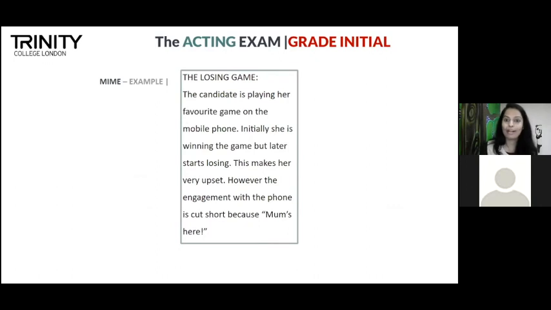Let's come to the mime part of it. Yes, so this is scary. This is where all the teachers think, oh God, I have to be a drama professional in order to train my candidate for the acting because it has mime in it. Please don't worry. It is not rocket science. It is something that you do.